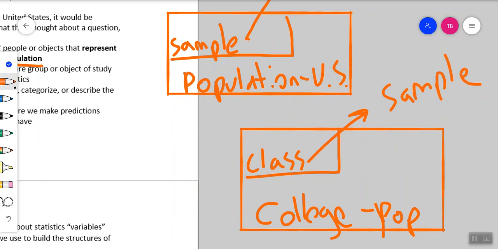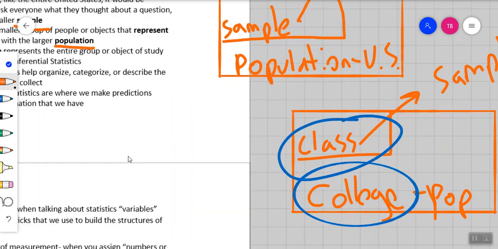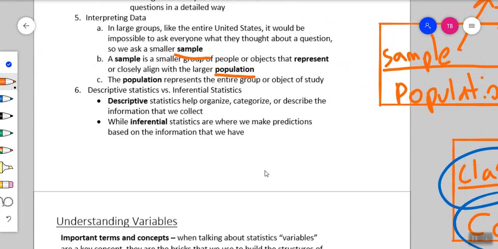So these are always going to be from the same group. So a class is a sample of the college, which is the population. Okay? So as far as we're concerned when we're moving forward with this, sample versus population, we'll be using that term a lot. So when I say a sample, I'm talking about a small group, and population is the overall group that I'm interested in. Okay.